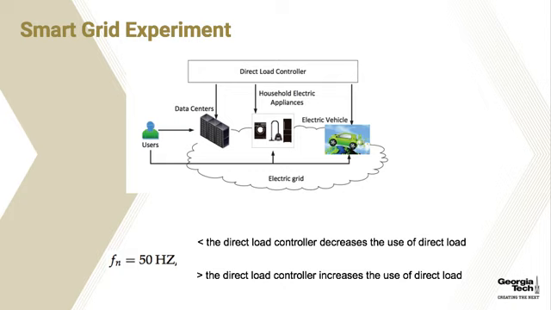When the frequency is lower than the normal frequency, which in this case is 50 Hertz, the direct load controller decreases the use of the direct load. Conversely, when the current frequency is higher than the normal frequency, the direct load controller increases the use of direct load.